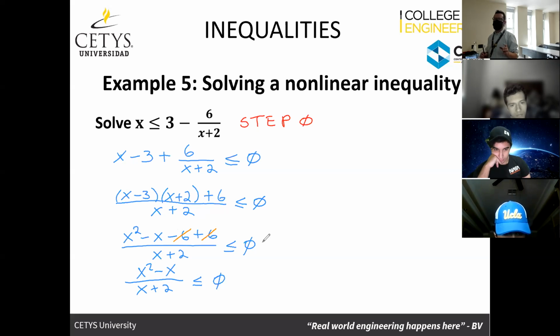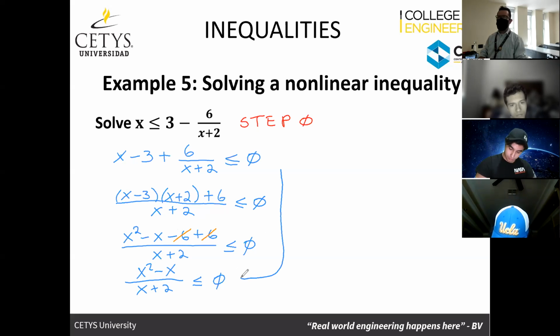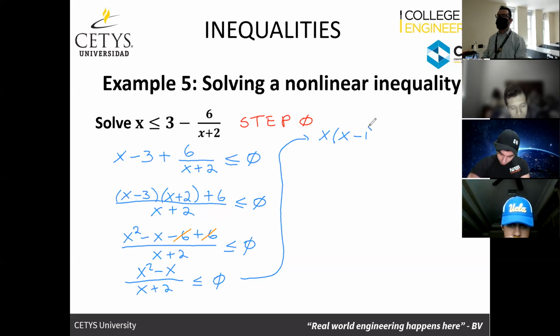Now, I want things to be completely factored, so I'm going to bring this over here. And what I want is to factor the x here, and it's going to be x multiplying x minus 1, divided by x plus 2.